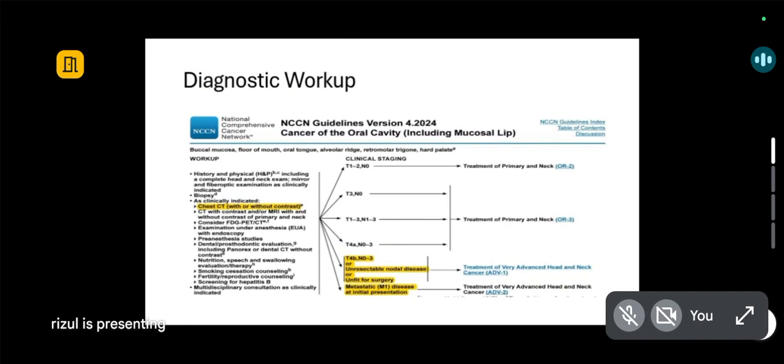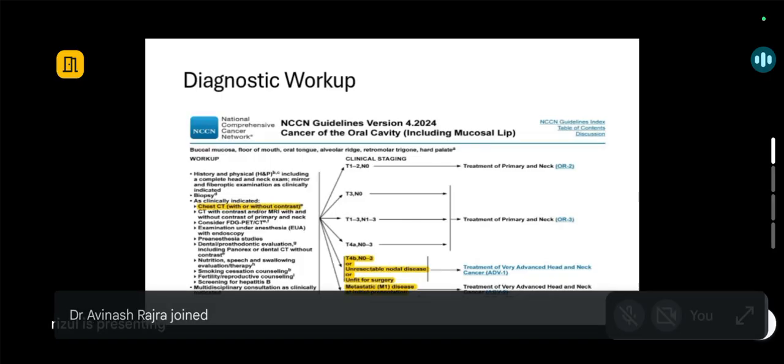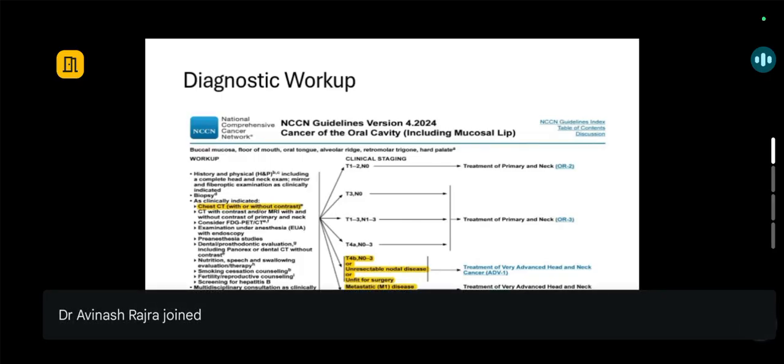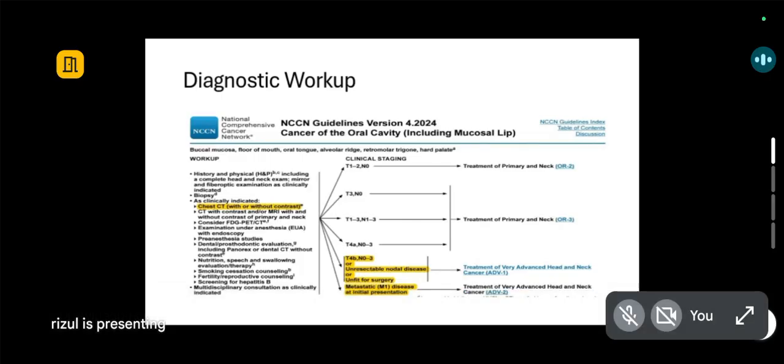Then examination under anesthesia for endoscopy, and other evaluations like dental evaluation, nutritional, speech and swallowing evaluation, and other parts. Accordingly, we then do the clinical staging, and then we decide the treatment part.